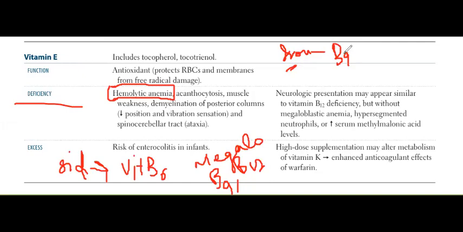Why B9? Because B9 is folic acid, which is converted to tetrahydrofolate. I've told you all these things in pretty much detail, so you have to go to the previous lecture on vitamin B9 where I've explained it.